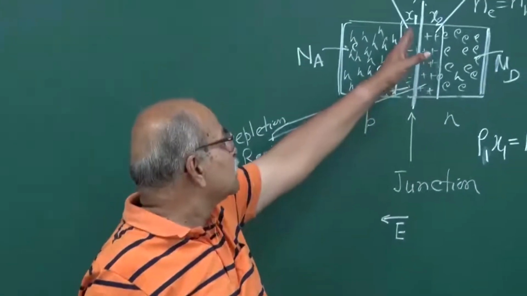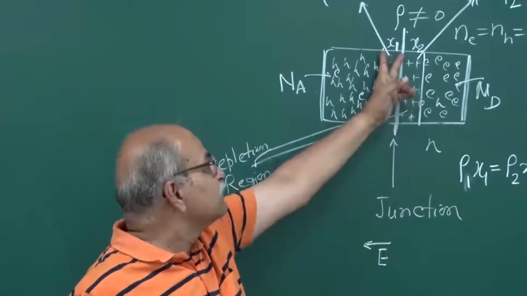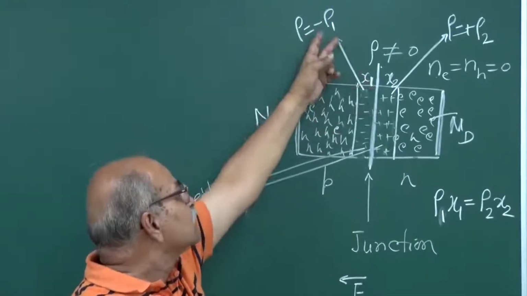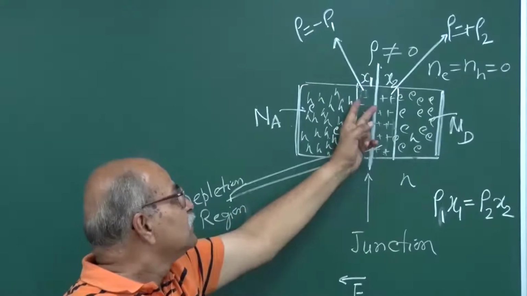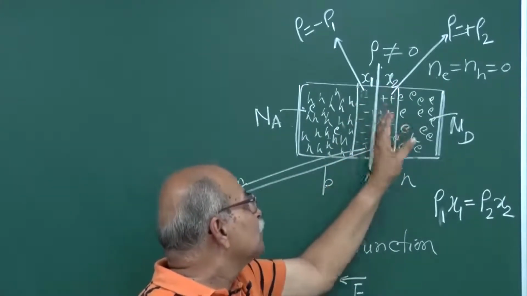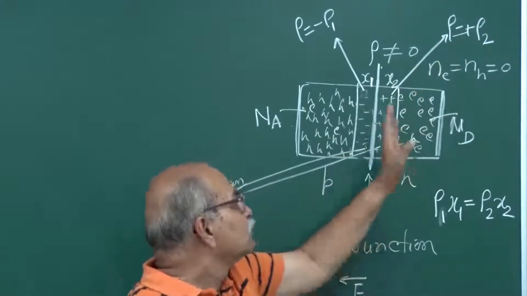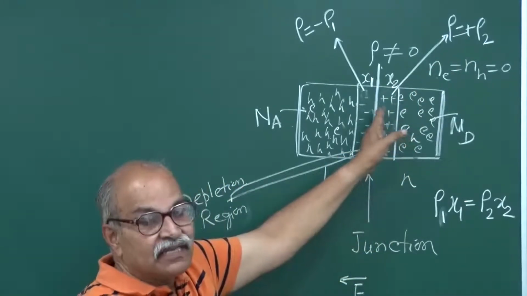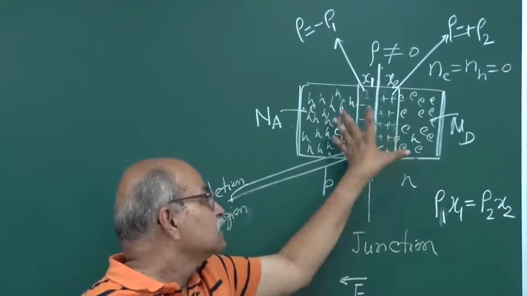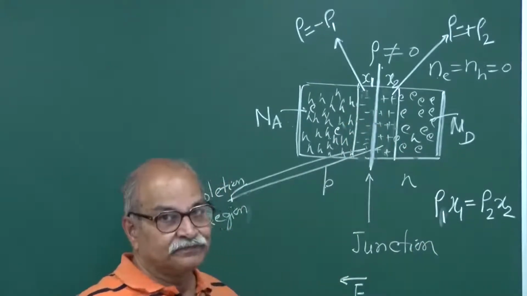So that surface area times x1 will be the volume, times the charge density rho 1, that will be the negative charge here. Similarly, this area times x2 is the volume multiplied by rho 2, that will be the positive charge, and they should be equal in magnitude and opposite in sign, so that the total is 0.